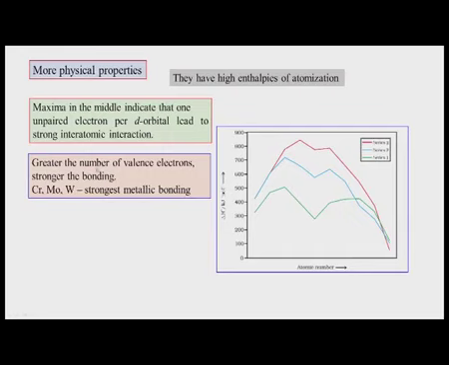And once we have the greater number of valence electrons, those valence electrons in the penultimate shell, that means the d level, when it is chromium, molybdenum and tungsten, we have 6 electrons in the 3d level, 4d level and 5d level. So, they also lead to strong interatomic and strong intermetallic interactions, leaving behind a strong metallic type of bonding.